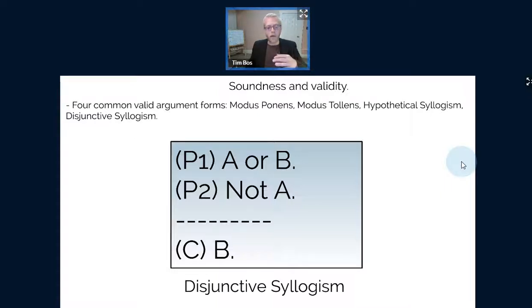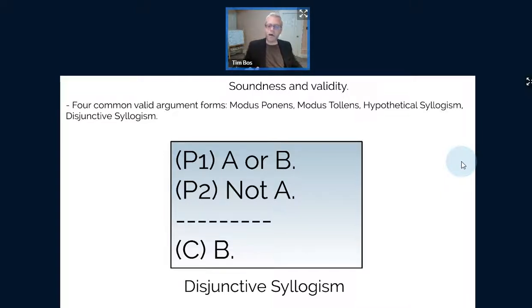Right? And here we're looking at four argument forms that are valid. Right? Formats that you can put an argument into that is always going to be valid. So when you evaluate the argument, you can say, well, at least I know it's valid. Now let me see if I actually agree with the premises provided. Yeah. So that's what we're doing here, right? Just to remind you.